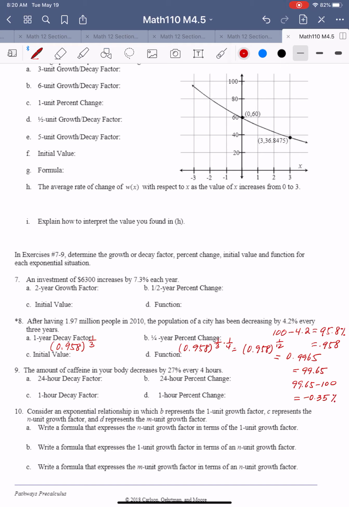And then the initial value is starting from 1.97 million.